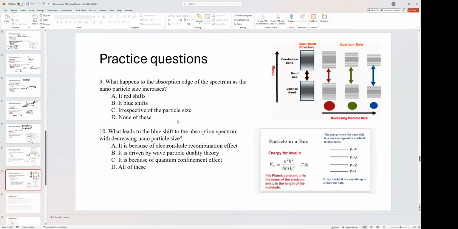So what happens to the absorption energy of the spectrum as the particle size increases? Your particle size is increasing.